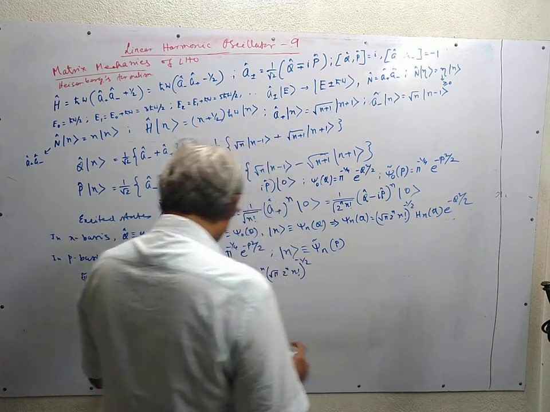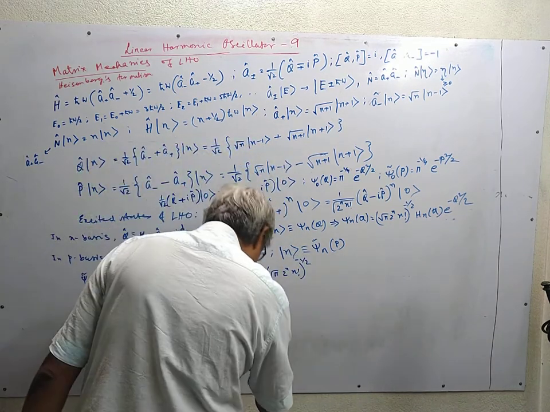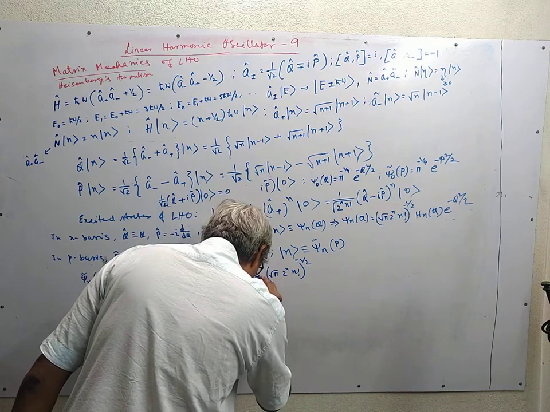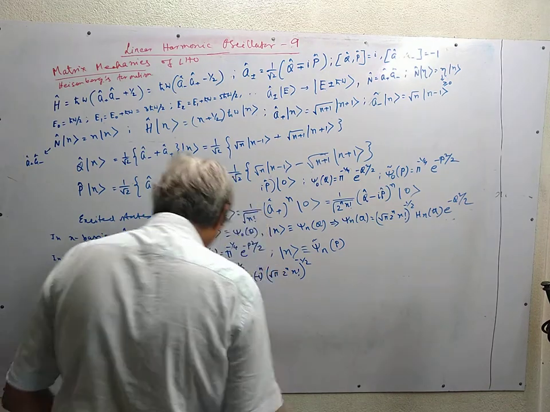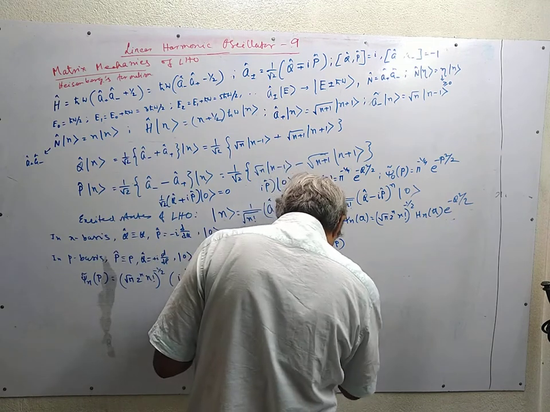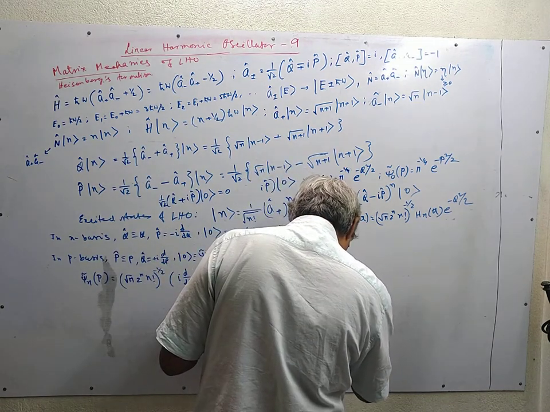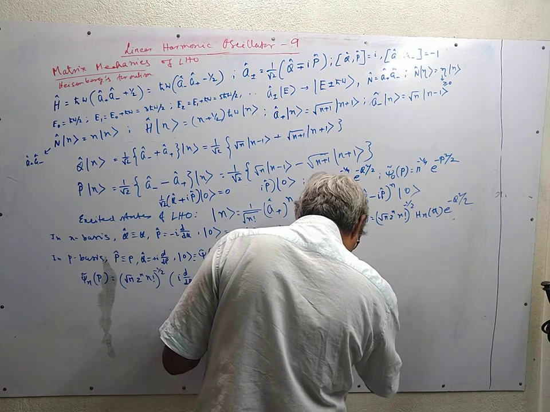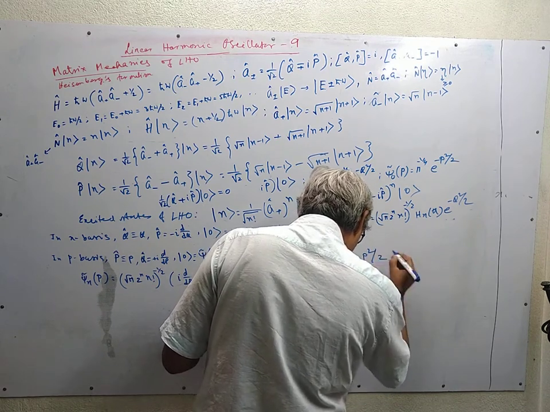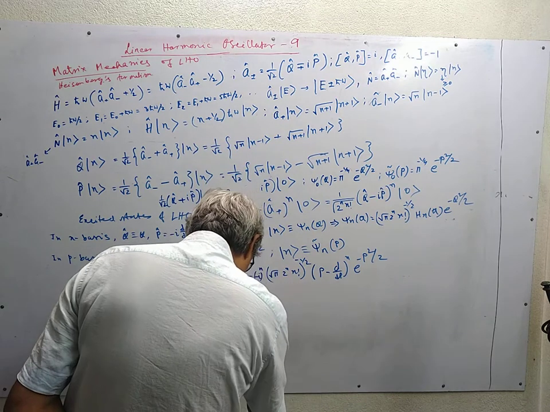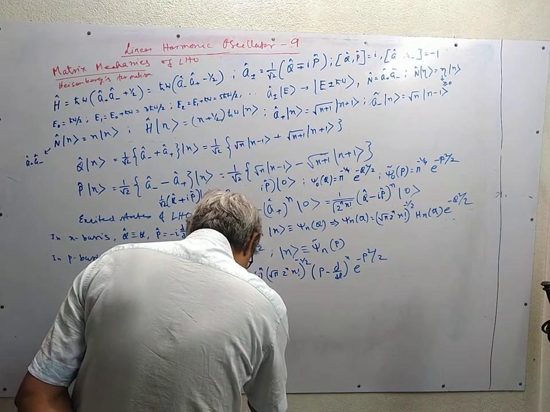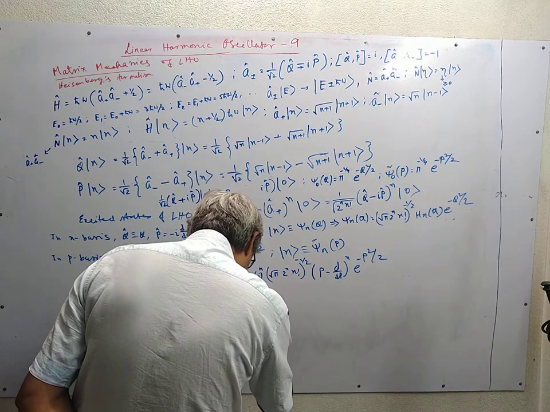Then if we interchange, this will become p minus d/dp and the result will be minus i to the power n.